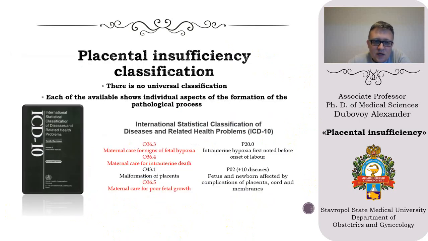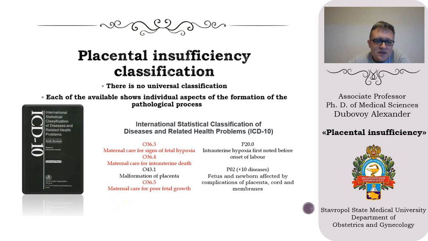The next question we need to talk about is the classification of placental insufficiency. Please note that there is no universal classification. Each of the available shows an individual aspect of the formation of the pathological process. Currently in Russia, the International Classification of Diseases, 10th revision, is used. Most likely we will switch to the classification of the 11th revision in 2022.